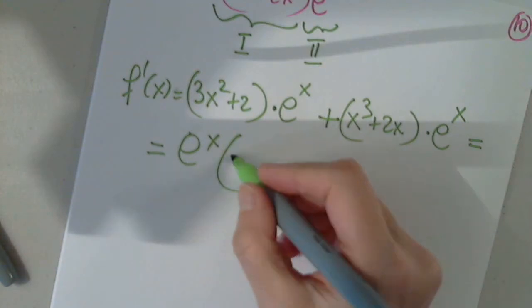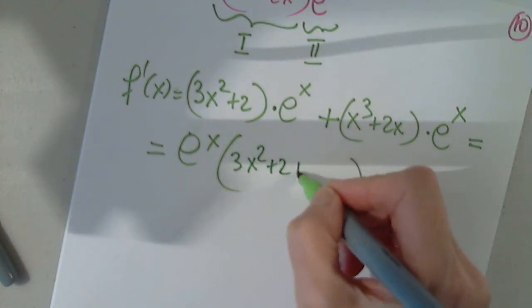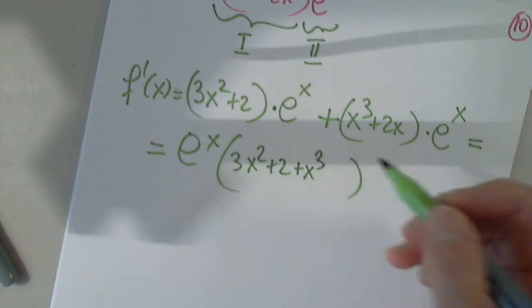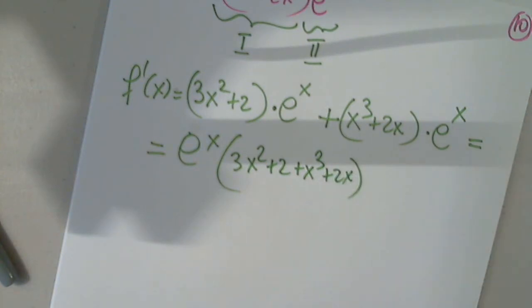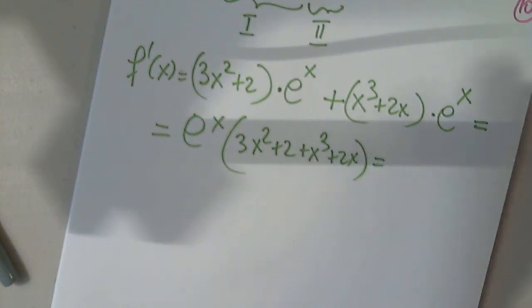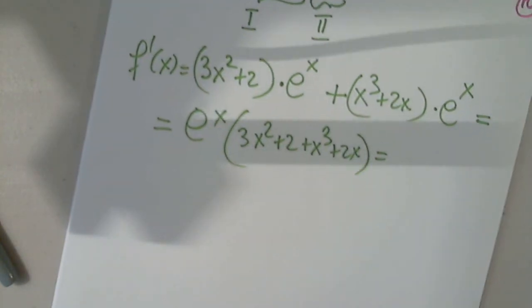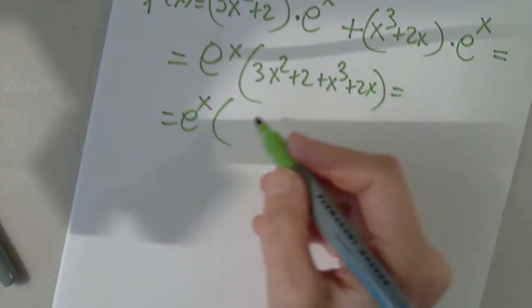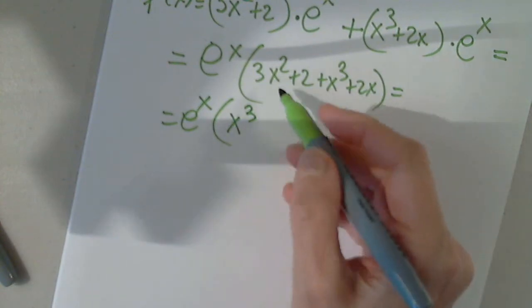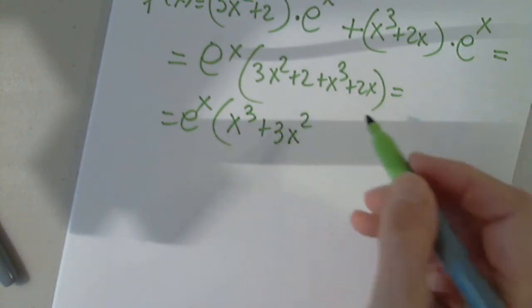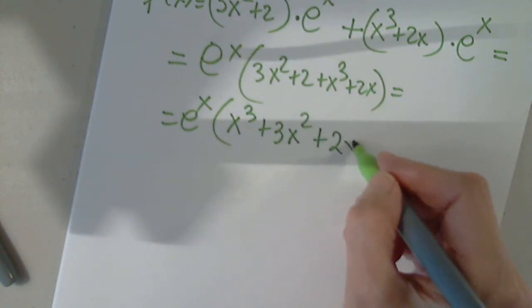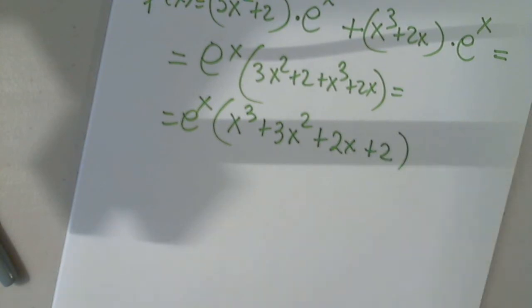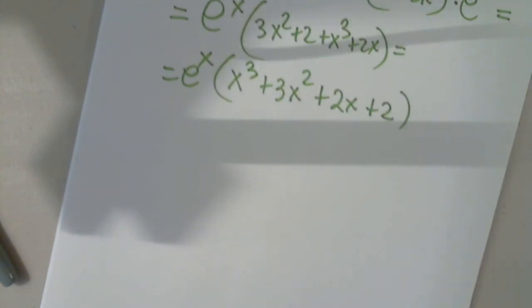So then I have 3x squared plus 2 plus x cubed plus 2x. Yes, I will write it one more time to arrange everything in descending order. So e to the x, and in descending order is x cubed. Next is plus 3x squared. Next plus 2x, and next plus 2. And this is it.